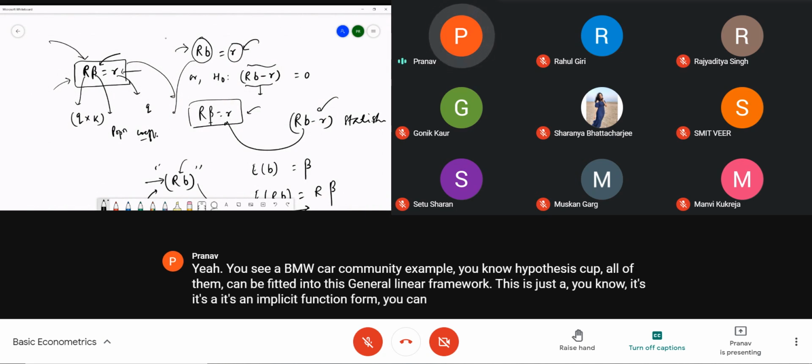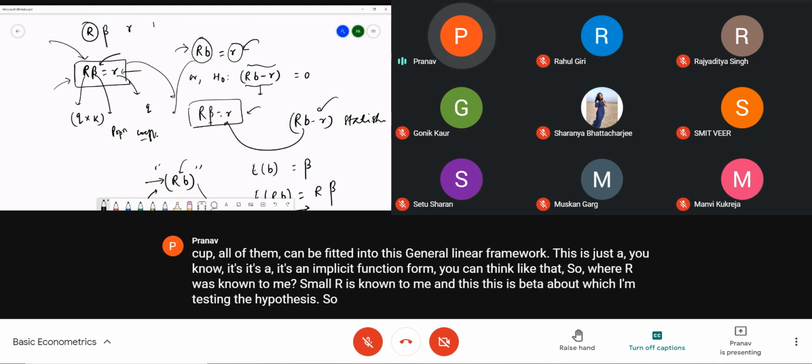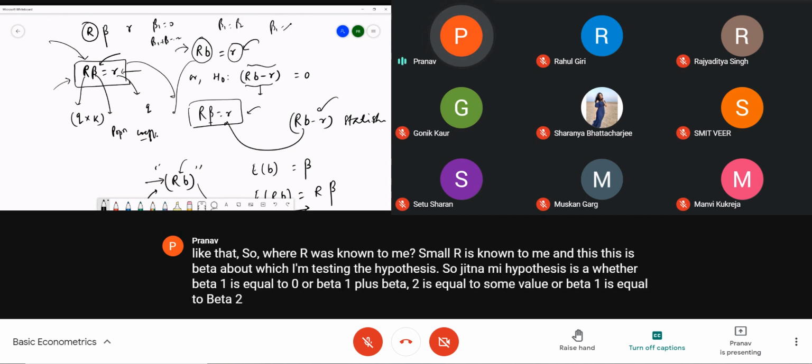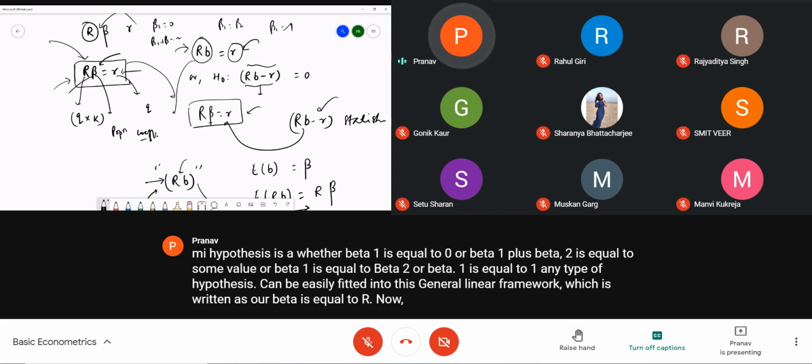Here small r is known to me, and this is beta about which I'm testing the hypothesis. Whether beta 1 is equal to 0, or beta 1 plus beta 2 is equal to some value, or beta 1 is equal to beta 2, or beta 1 is equal to 1, any type of hypothesis can easily be fitted into this general linear framework, which is written as R beta is equal to r. Now this beta is not known to us.